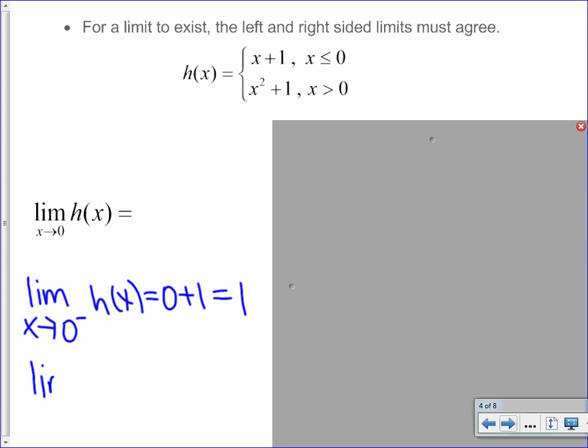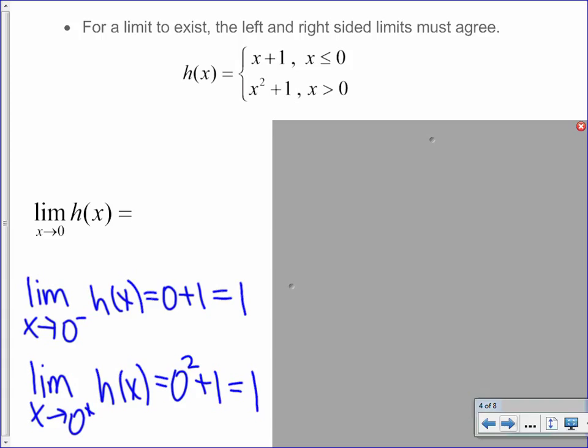Now, we can look at the limit as x approaches 0 from the right. Which piece would we need to use direct substitution with? The second one, because this is to the right of 0. Okay? And what is that limit? 1. So our left-hand limit is 1. Our right-hand limit is 1. So the limit as x approaches 0 of h of x is 1.